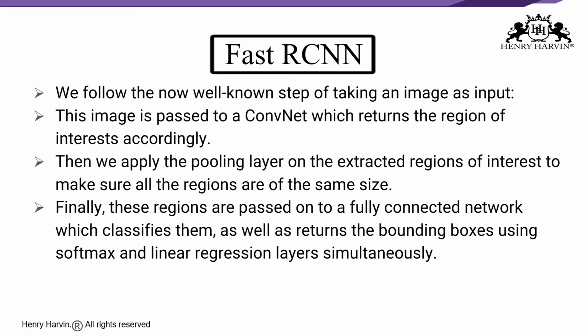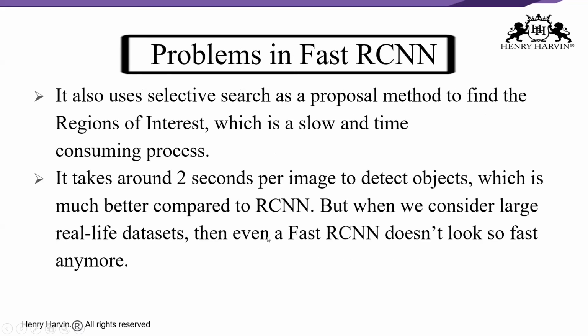So we take an image as the input, pass it to the ConvNet, feed it into the pooling layer, and then finally into the fully connected network, with the bounding boxes produced using the softmax and linear regression layers. This is the summary of it.